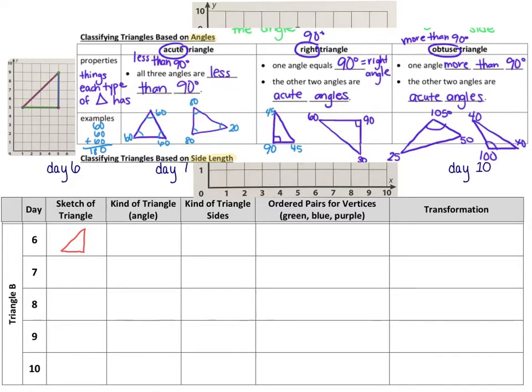This one's less than 90, this one's less than 90, but this one is 90 degrees. Looks like the corner of a square. So if one angle is equal to 90 degrees, we have a right triangle. So in your column, you're going to write right.